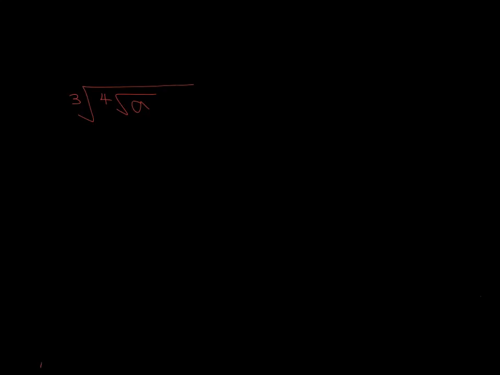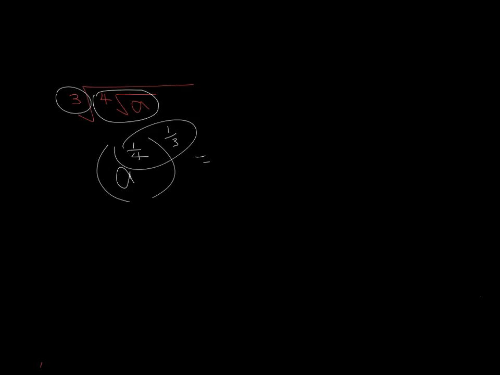So we're going to change this fourth root of a to the 1/4, because remember, it means the exact same thing. Then we're going to take the cubed root and change that to 1/3. And then when we multiply this, we get a to the 1 over 12. And then when we switch it back, we get the 12th root of a.